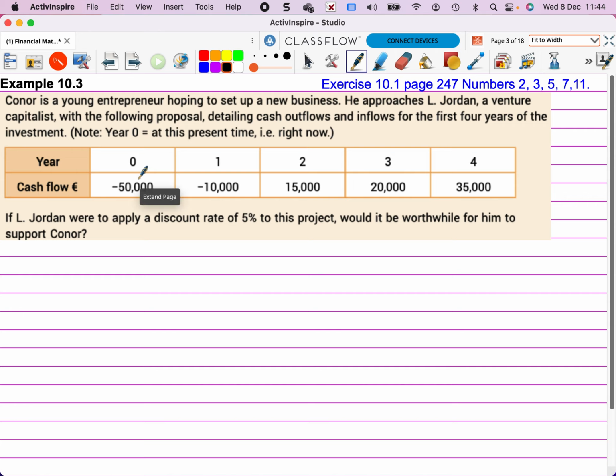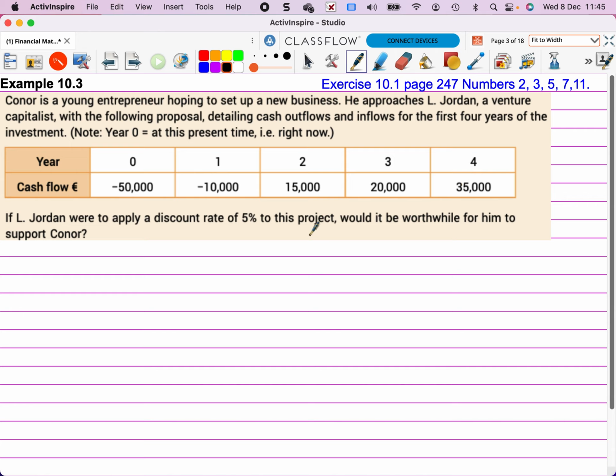Hence, cash flow is minus 50,000. At the end of year 1, they get another 10,000. At the end of year 2, the company's in profit and is paying out 15,000. And similarly at the end of year 3, paying out 20,000. At the end of year 4, is paying out 35,000.